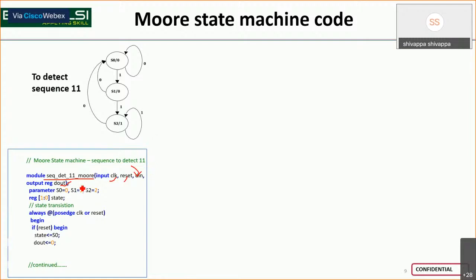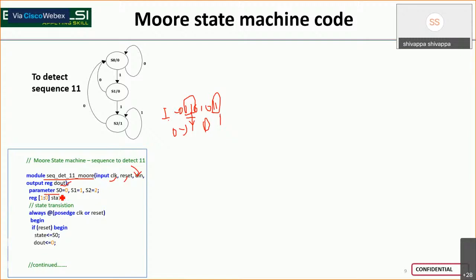D out should be 1 when the 1 1 sequence is detected. You may get some input sequence like 0 1 1 0 1 0 1 1, whatever. Whenever you detect 1 1, you should see the output as 1. That is the intent of the program.